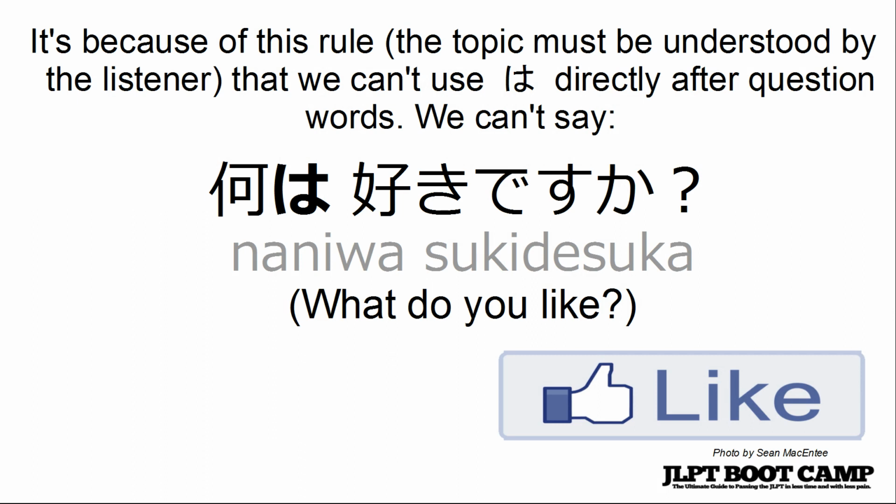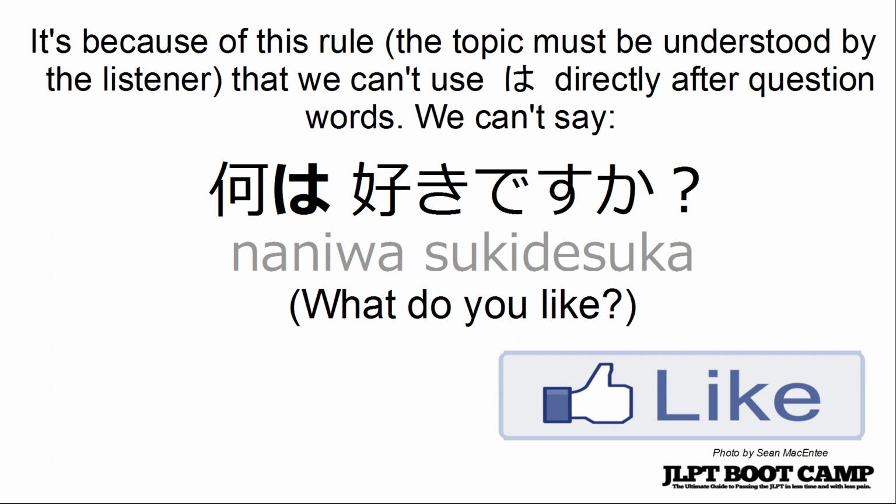If you want to narrow the subject down to movies, you could say, "eiga wa nani ga suki desu ka?" So, as for movies, what do you like? What movie do you like? would probably be the answer to that question. You can use the wa particle in that situation. You just can't use it directly after a question word of some kind.